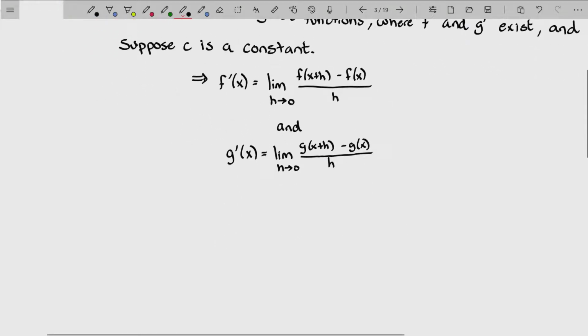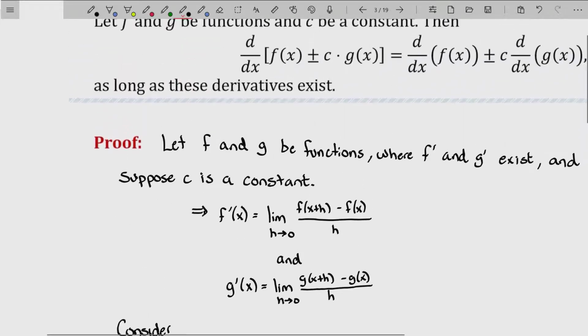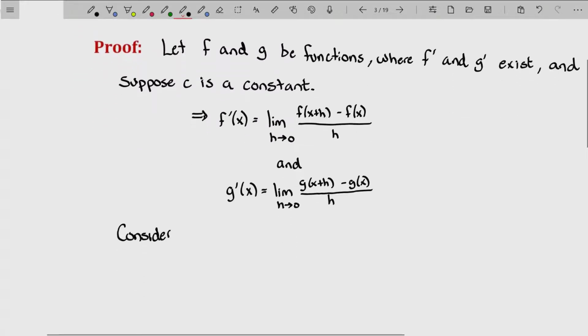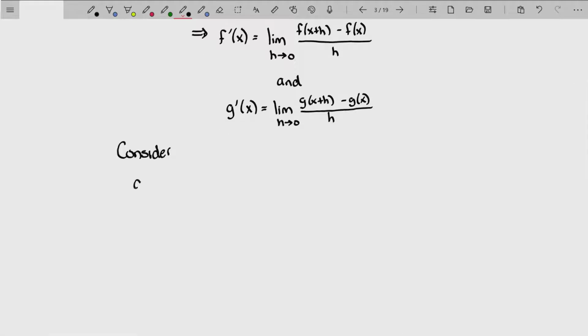Now let's go ahead and consider what we're actually being asked to work with, which is the derivative of f plus or minus the constant times g. Let's go ahead and do that. Consider the derivative with respect to x of the quantity f of x plus or minus c times g of x.